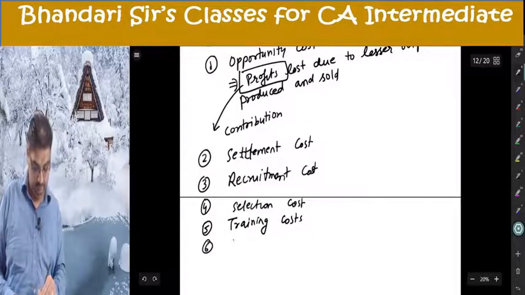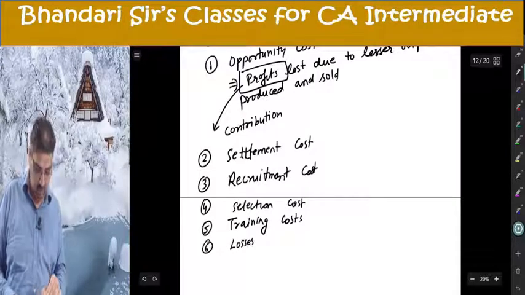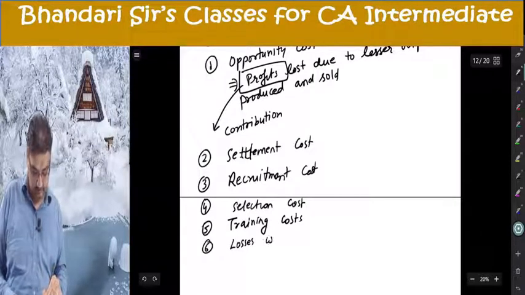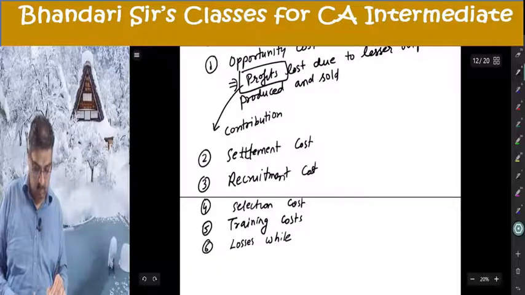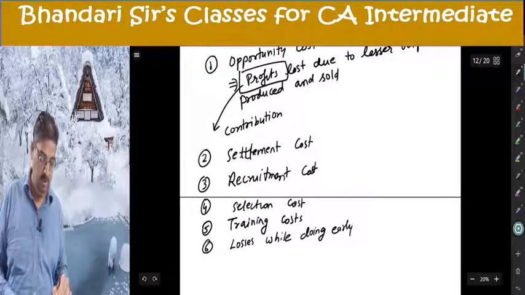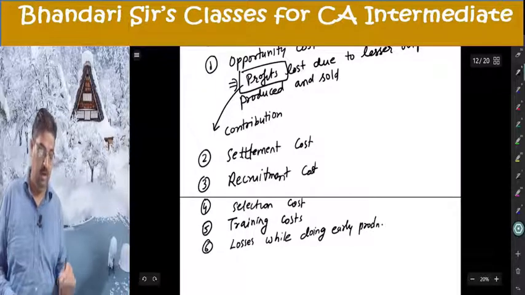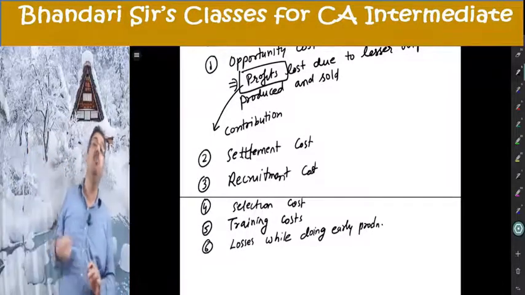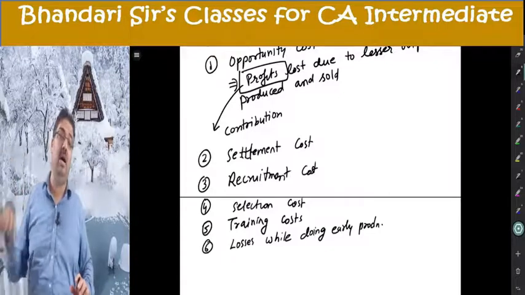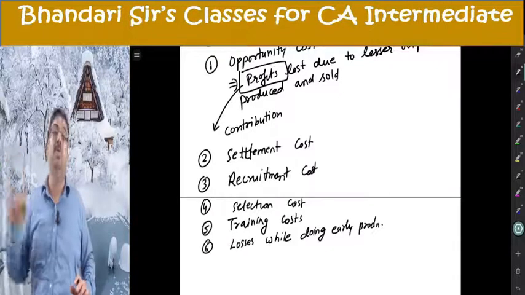There can be losses while doing early production. After training, when they are live, they'll be doing more damages than the earlier people, because earlier were trained people.